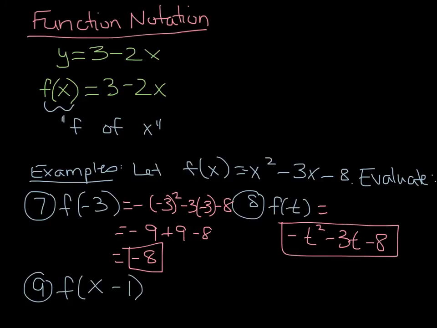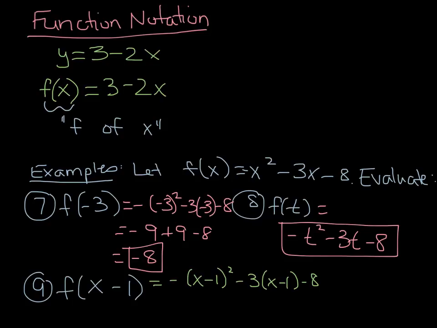So when I give you something like this on the test, I really hope everybody gets it right. That one should be very easy. 9 is a little bit more complicated. You are going to replace every x with an x minus 1. I know it's a little bit weird, but it's just replacing every x with x minus 1.